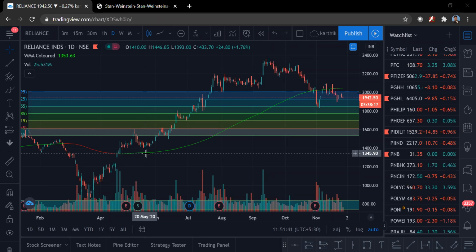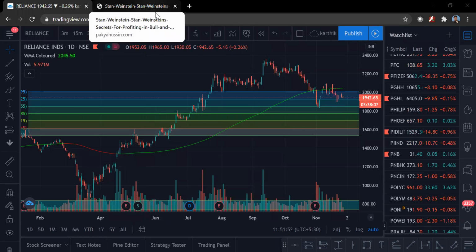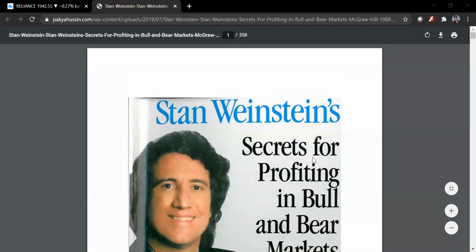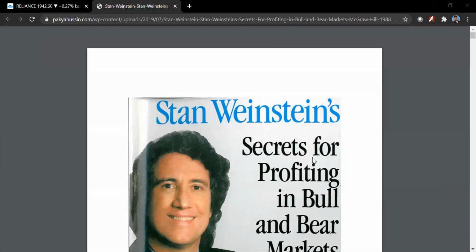The reason that I use the 150 days weighted moving average is because of the person from whom I learned relative strength. It is Stan Weinstein. In his book, he mentions a 30-week period EMA or 30-week period WMA.